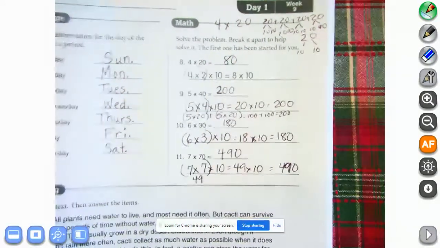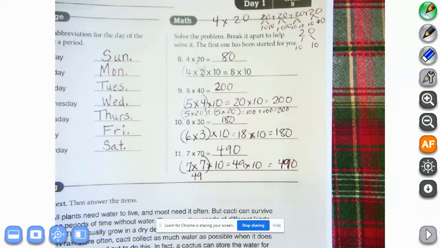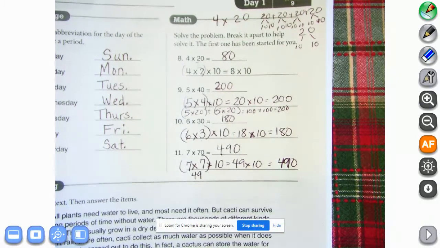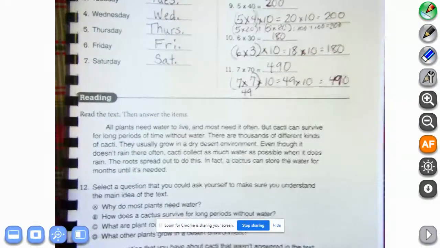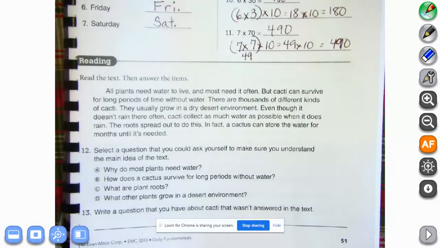All right. If you need to pause the video, go ahead and pause. Okay. And then we're going to move over here to our story. It says, read the text, then answer the items. So question 12 says, select a question that you could ask yourself to make sure you understand the main idea of the text.